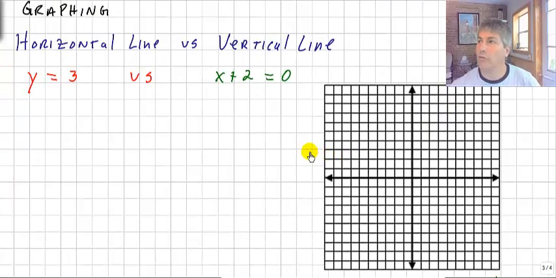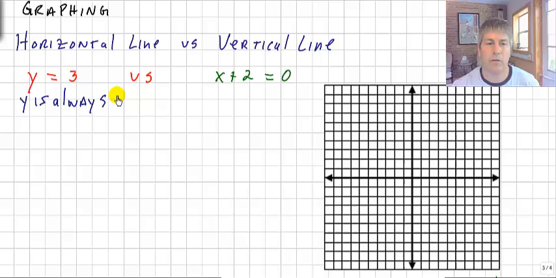Now, we can also graph a vertical line and a horizontal line on the Cartesian plane. Okay, y equals 3. We want to graph y equals 3. Well, equals is. We know that from our word problems. And I like to translate this as y is always 3.